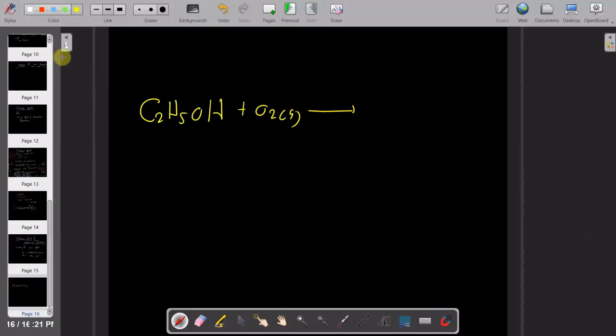So usually this process is a natural one. This is called microbial oxidation. Microbial oxidation is used. What is the product?